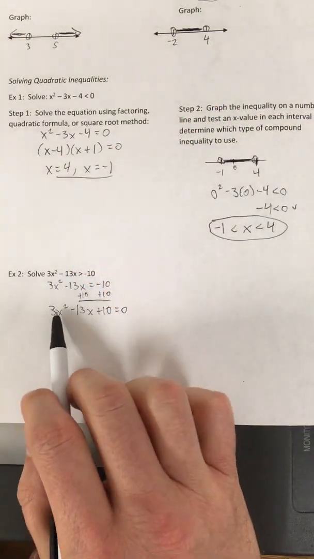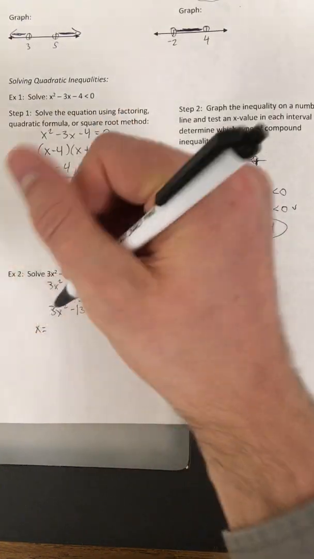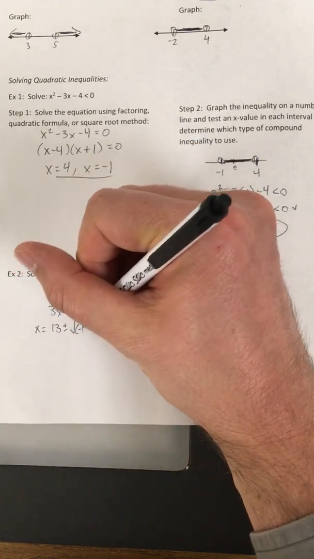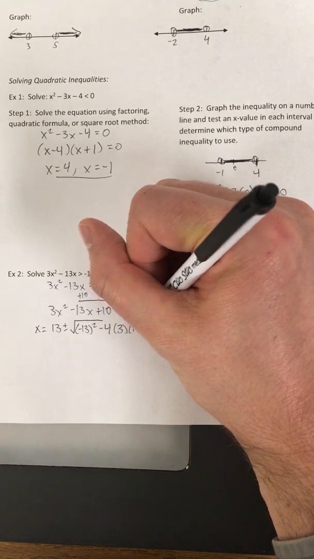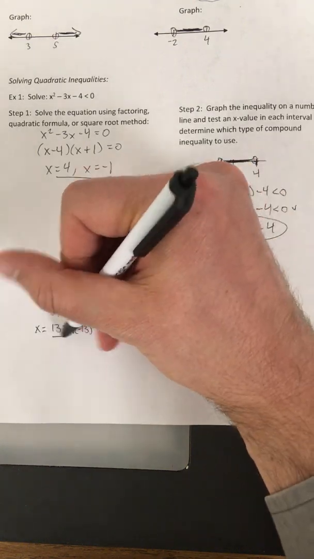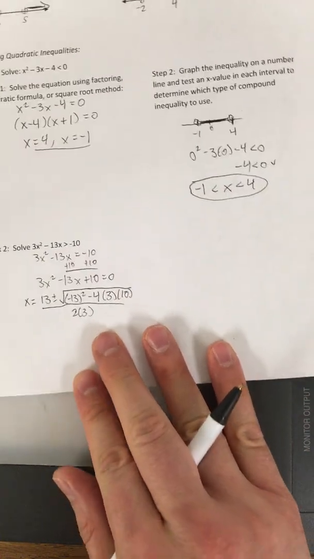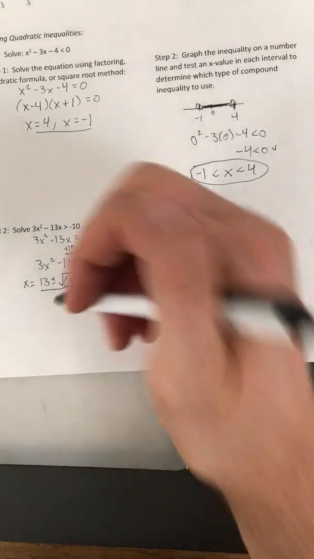Now I've got a number in front. I can't divide it out of everything, so the easiest way to solve this is going to be the quadratic formula. x equals negative b, so positive 13, plus or minus the square root of negative 13 squared minus 4 times 3 times 10, all over 2a, so all over 2 times 3. And let's work that out. Negative 13 squared is positive 169.